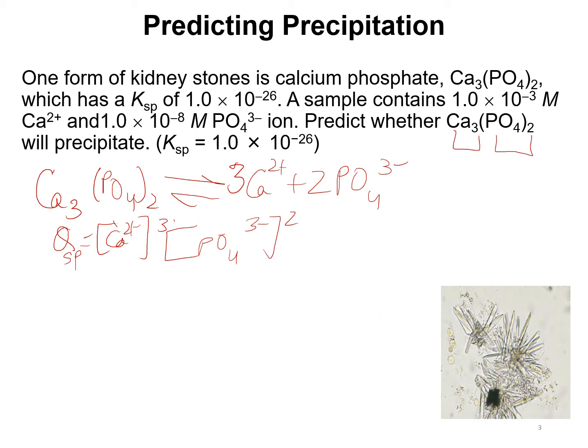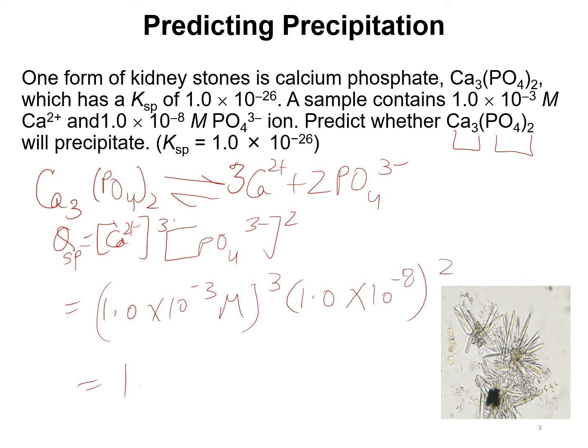So in this case, since we have the value of these concentrations, we can just plug in the value straight up. Calcium is 1.0 times 10 raised to power minus 3 molar cubed times phosphate is 1.0 times 10 raised to power minus 8 squared. And if we solve for this, this would give us a value of 1.0 times 10 raised to power minus 25.